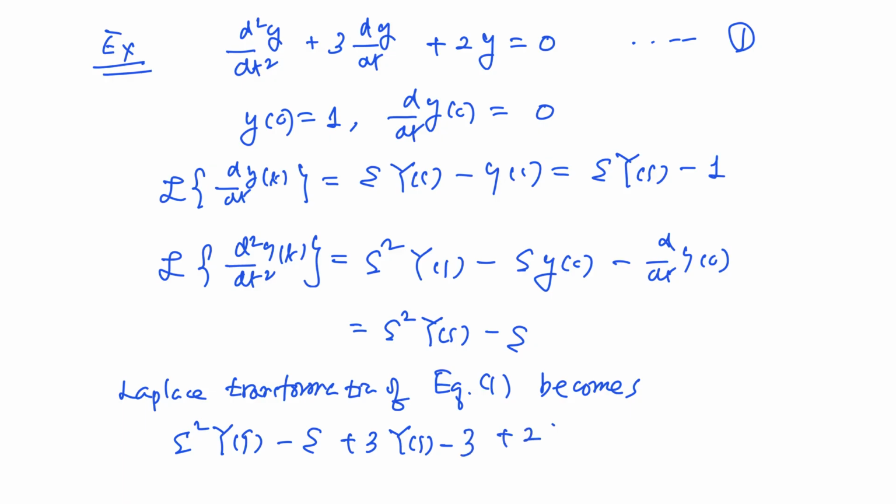Plus 2y of s is equal to 0. That means (s squared plus 3s plus 2) y of s is s plus 3, right?